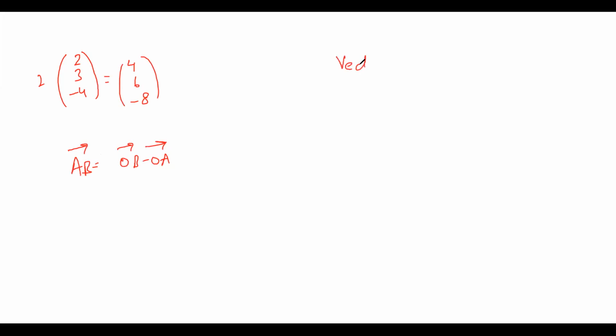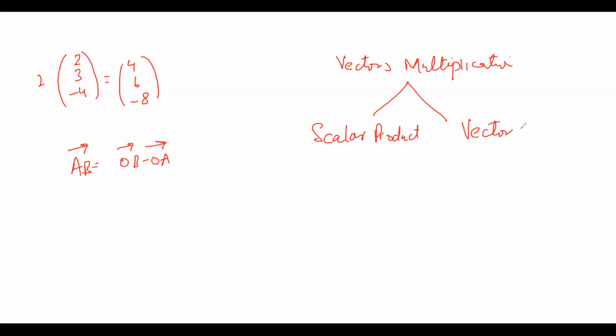When we talk about vector multiplication, we have two kinds of products, okay? One is called the scalar product, and the second is called the vector product, okay?